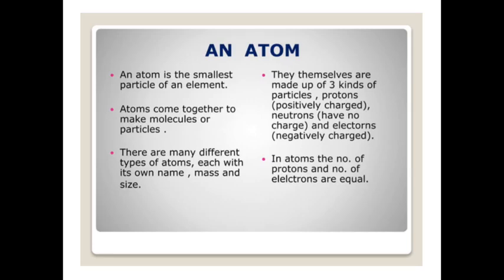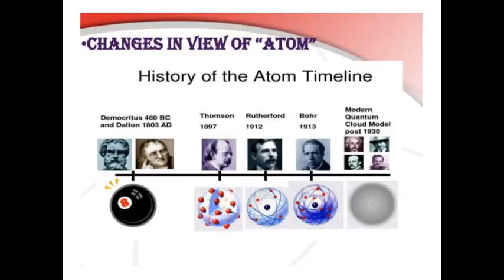And of course, atoms can be electrically charged such that they become ions, and as such they can be positively charged or negatively charged based on if they accept or gain electrons, as the case may be. So generally the definition of an atom is the smallest particle of an element that takes part in a chemical reaction. Now let's look quickly at the history of the atom timeline.